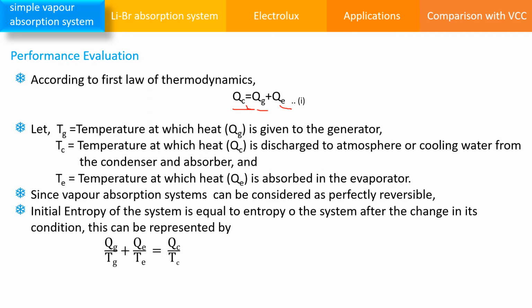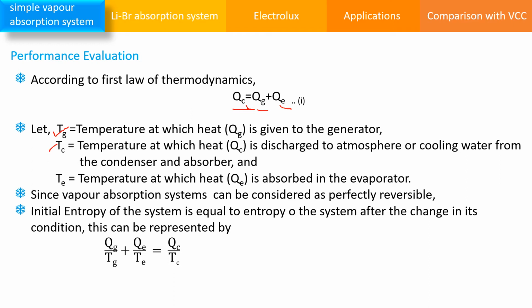Now let us consider these three points, that is generator, evaporator and condenser, which have three temperatures. We are obviously seeing this for the ideal cycle. So let us assume that there is a constant temperature TG in the generator at which the ammonia vapors are generated.